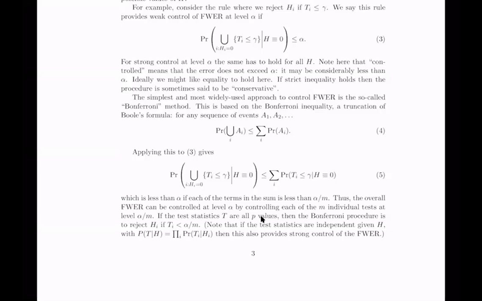At least weak control, and if the tests are independent, you get strong control. You'll have to see the details to see what the difference is between weak control and strong control. The problem with the Bonferroni, as we've said, is that the family-wise error rate is a very stringent criterion, so the Bonferroni procedure tends to not result in many discoveries.